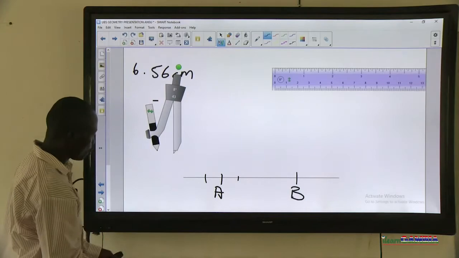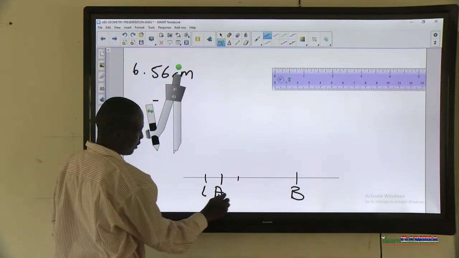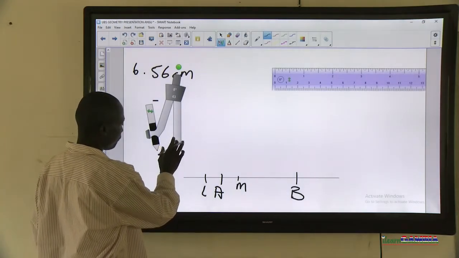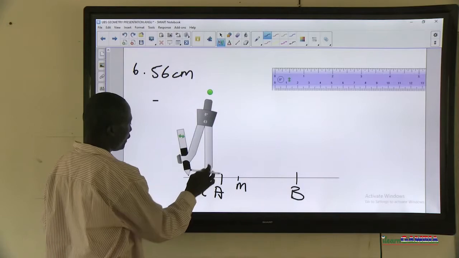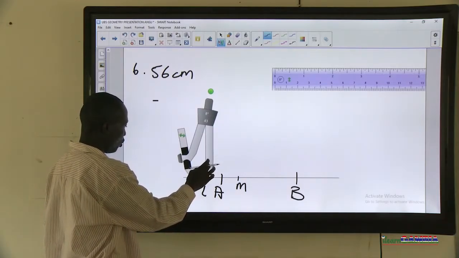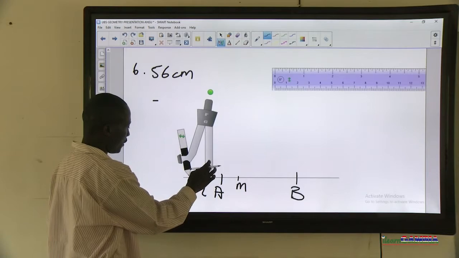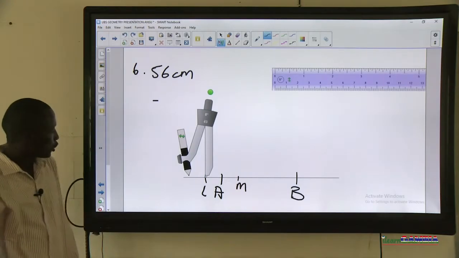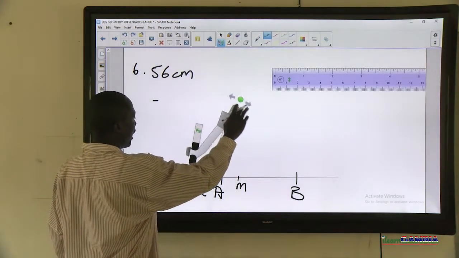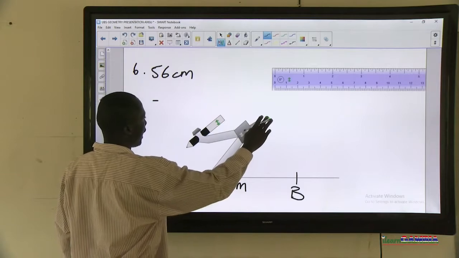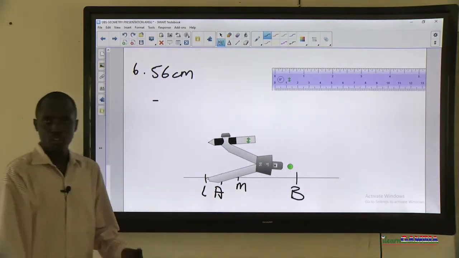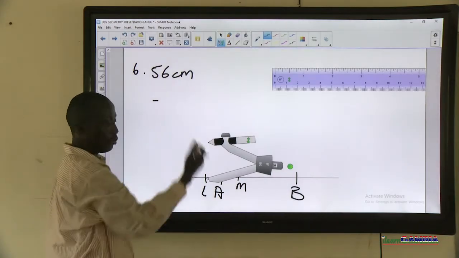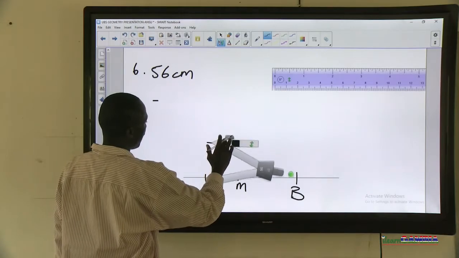Call these 2 points L and M. With L as center and a convenient radius, always your point of the compass should be at the point of intersection of the 2 lines. So with a convenient radius, I am going to draw an arc just above A, because that is where I want my line to be. So I draw an arc.